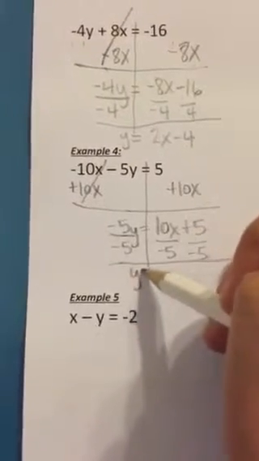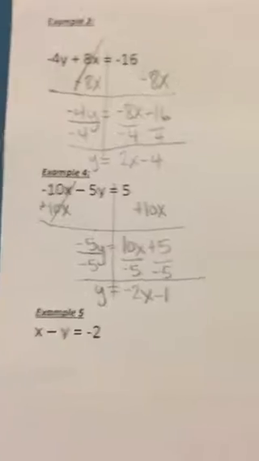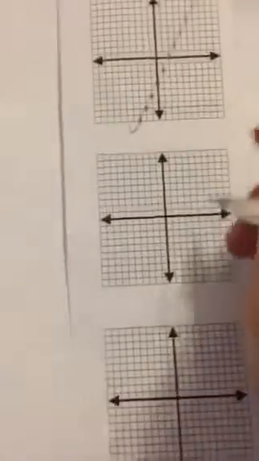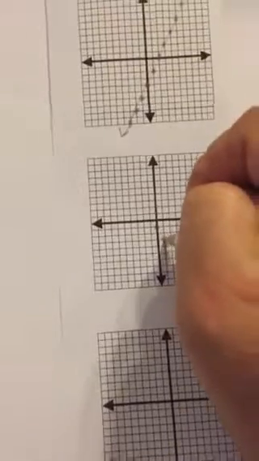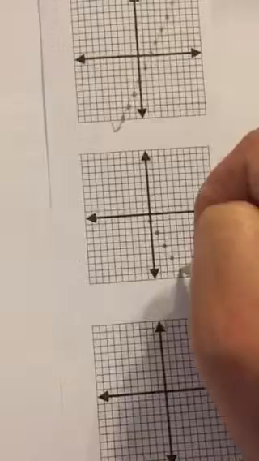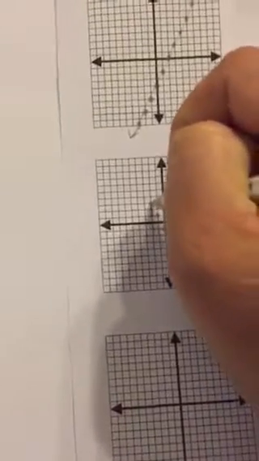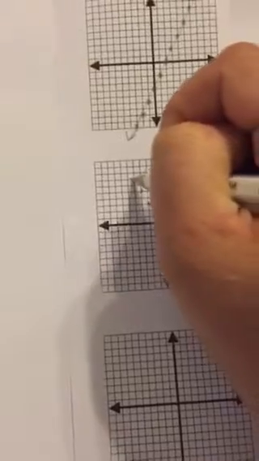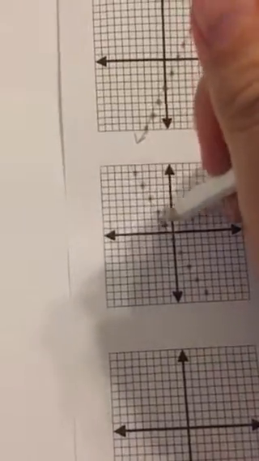So I'd have y equals negative 2x minus 1. So to graph that, I would start at negative 1 and go down 2, 1 to the right because it has a negative slope. So this one would look like this.